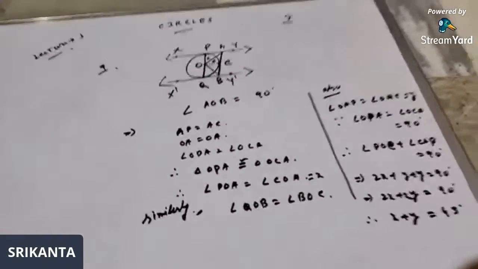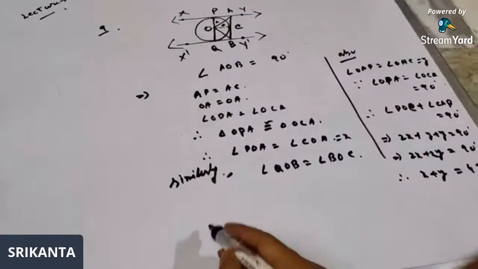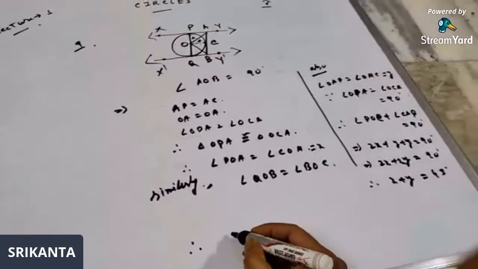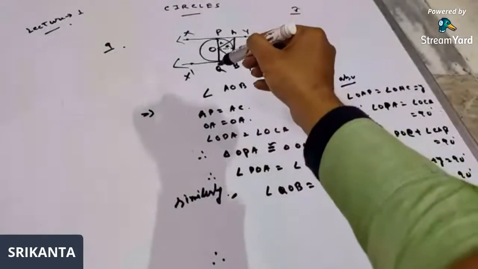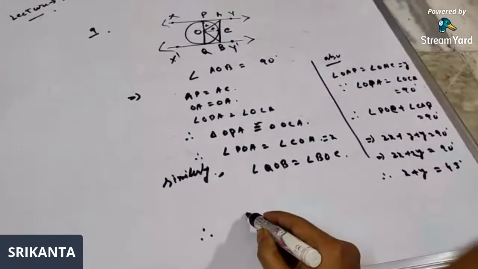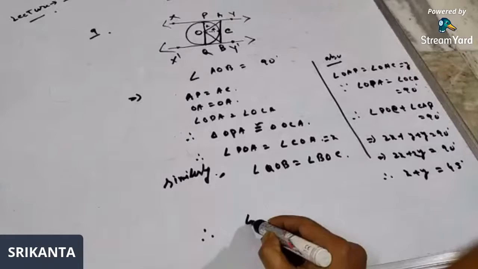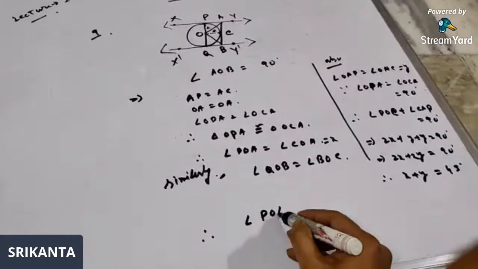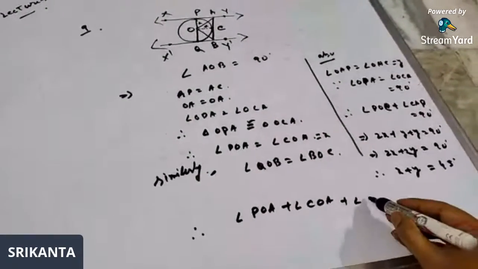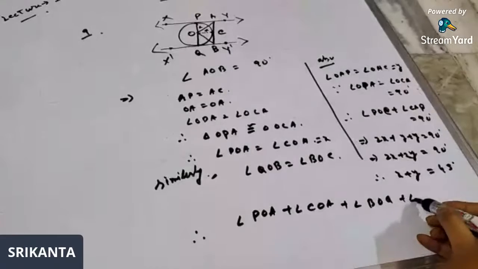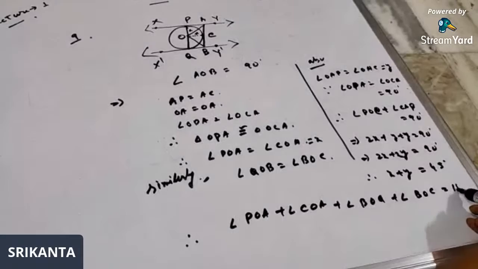Okay. Hence what we have? So all angles are equal. So angle POA, angle COA, angle BOQ, angle BOC is equal to 180 degree.